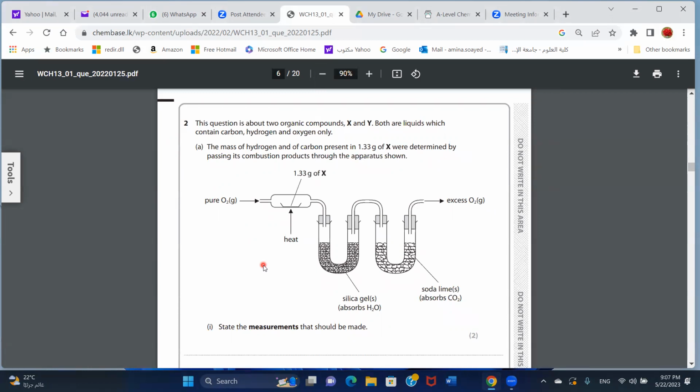The amount of precipitate formed. No, we don't have a precipitate here.